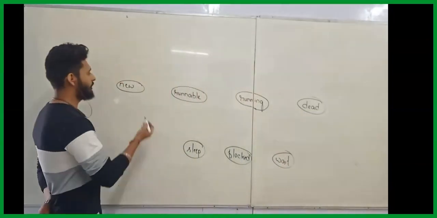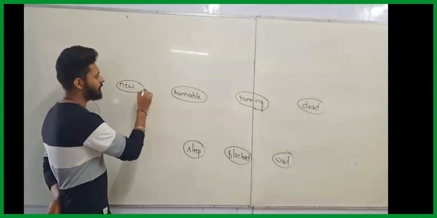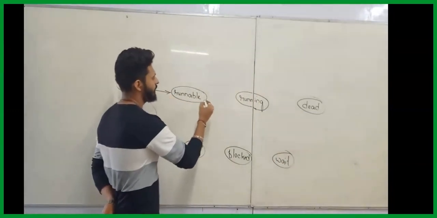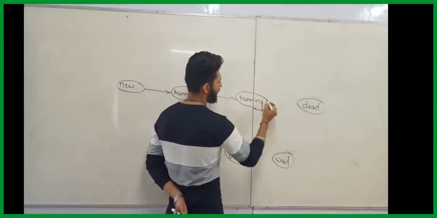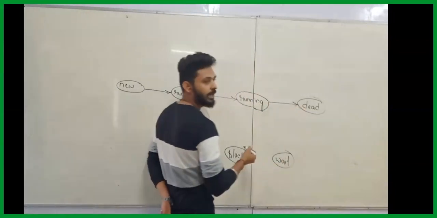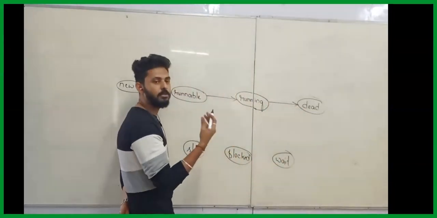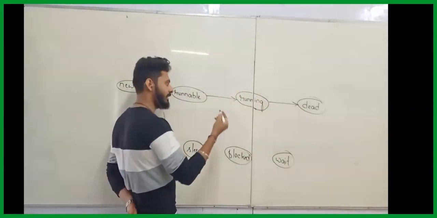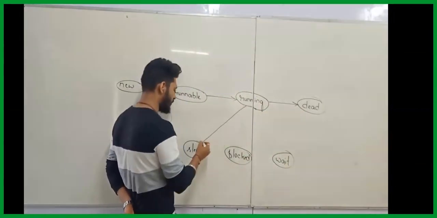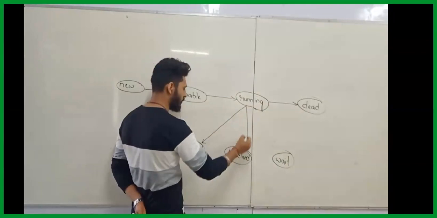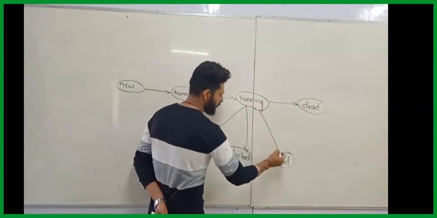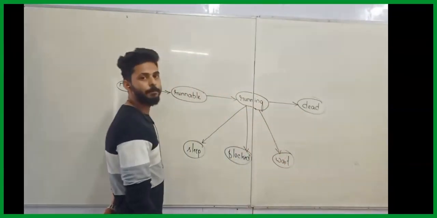So when exactly and how exactly the control will flow, I'll tell you here. From runnable, it will go to running. From running, it will go to dead. But if there is some interruption, then there is a chance that it may go to sleep state, or block state, or wait state.